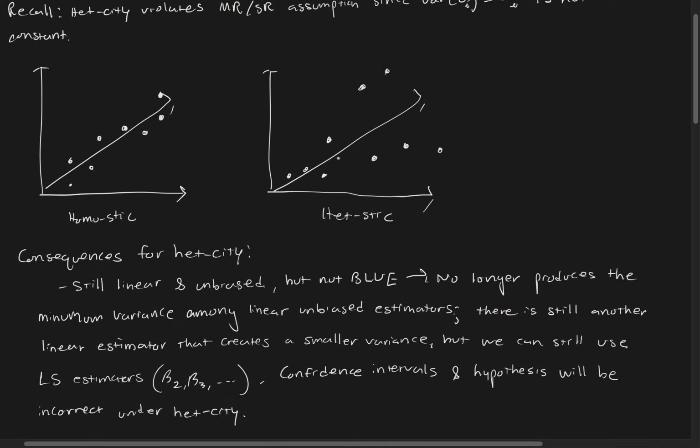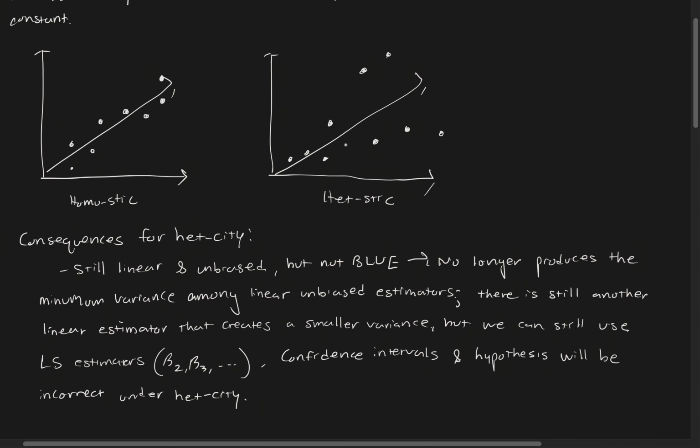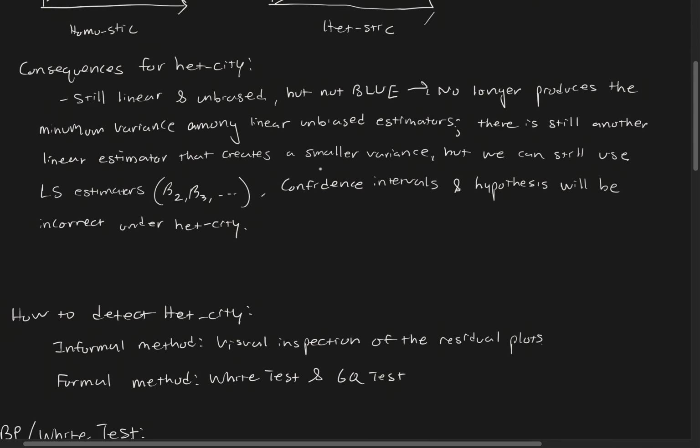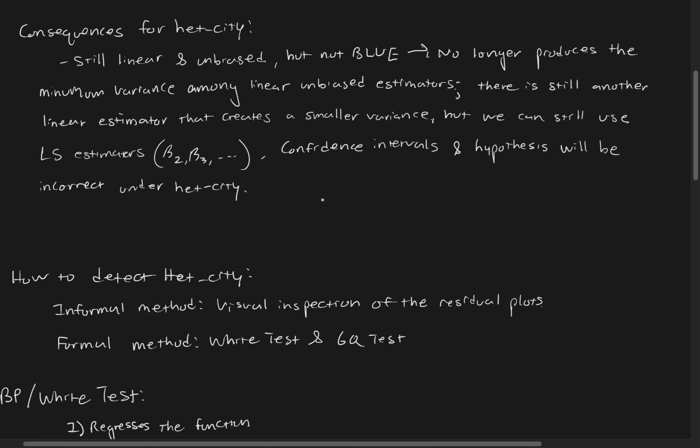And so the SSE can be lower if we correct for it. We're not going to learn how to correct for it here, probably in the next video where I start a new series on multivariable regression, but we will learn how to detect it.